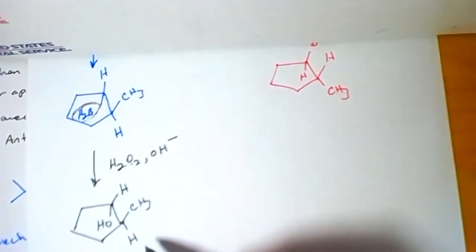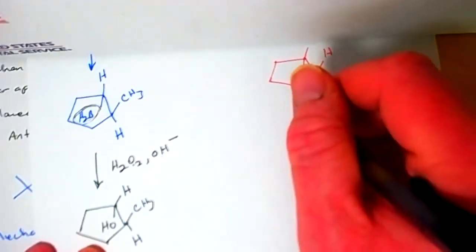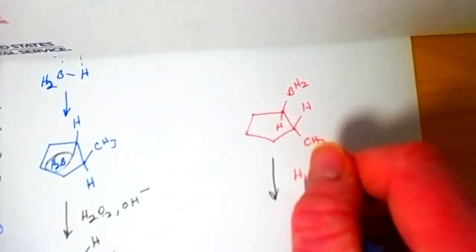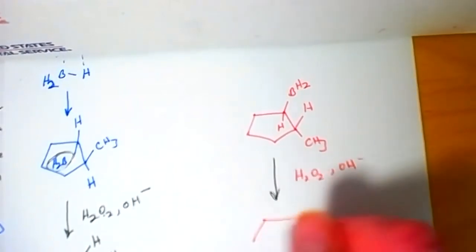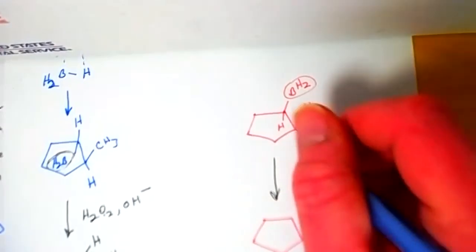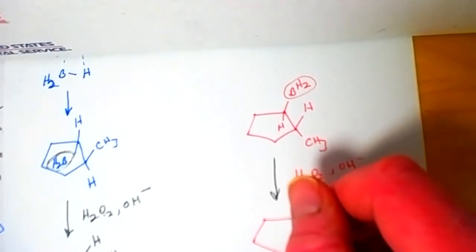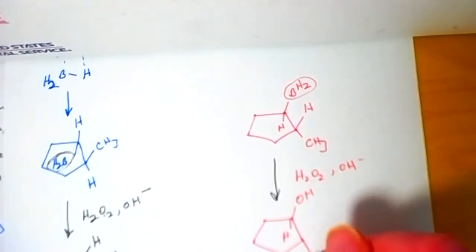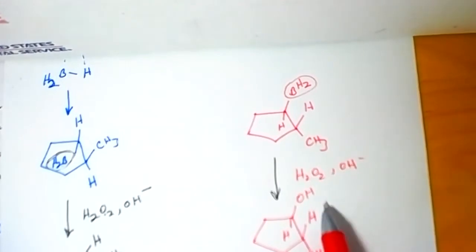So you end up with this compound here, okay? Likewise over here on this side, if you were to replace the BH2 with an OH, you would end up with the OH here on this side.